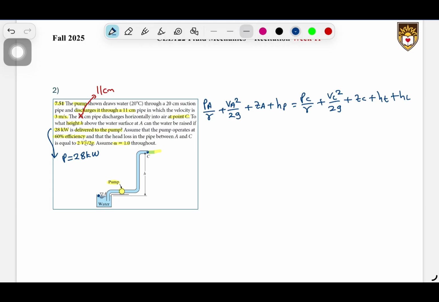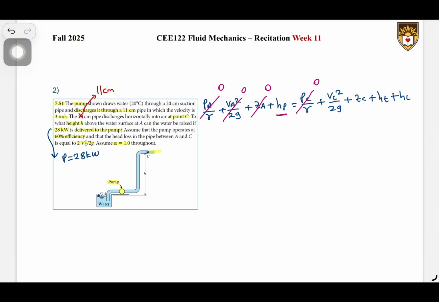Turbine and head loss. So we are going to ignore some parts, like the pressure is 0, the velocity at point A is 0, and for A, we can take it as the reference, so it is also going to be 0. But of course, we have HP, and on the right hand side, again, we have 0 pressure because it is discharging to the air.